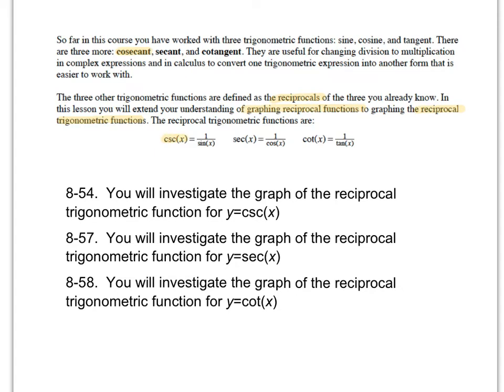The function called the cosecant is the same as 1 over the sine. Our secant function is the same as 1 over cosine, and our cotangent function is the same as 1 over the tangent. So let's take a look at these graphs one at a time.